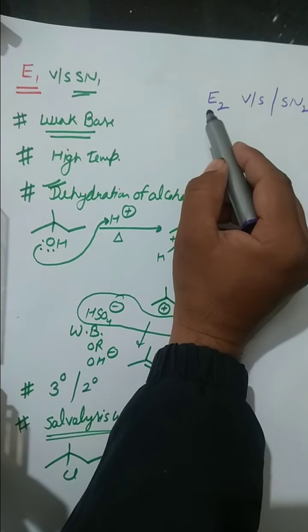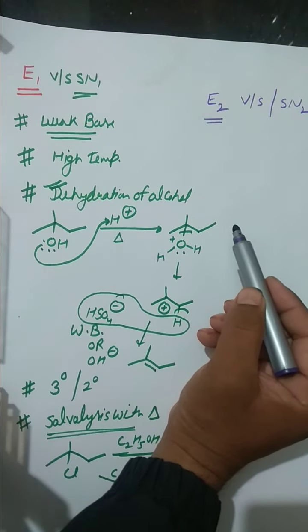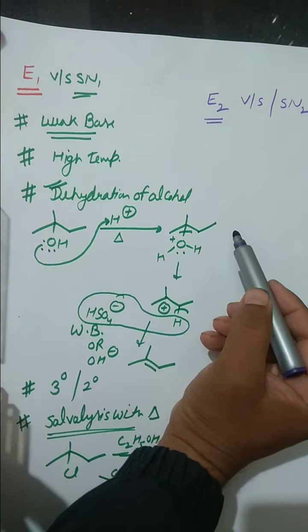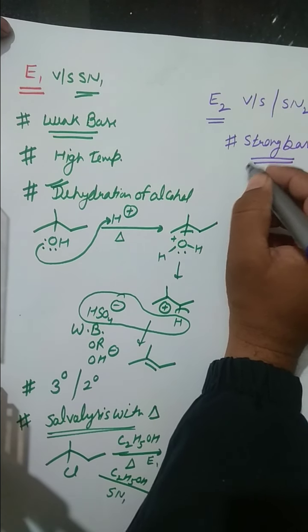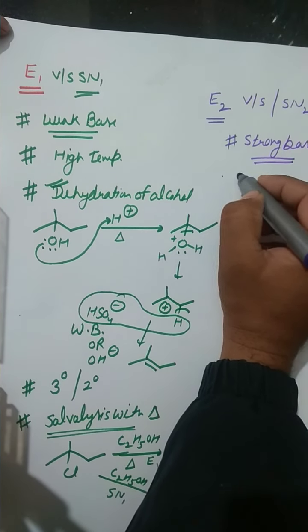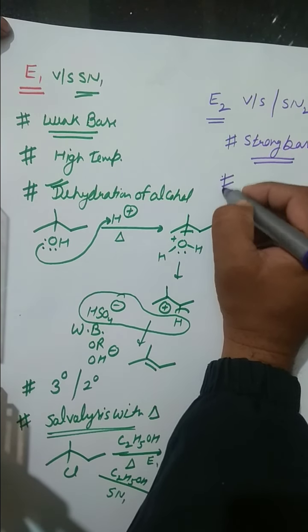Now which are the factors governing the E2 mechanism? The most important factor is if we are taking a strong base. Now what are the strong bases? That is a sterically hindered base. Sterically hindered base means like tertiary butoxide.